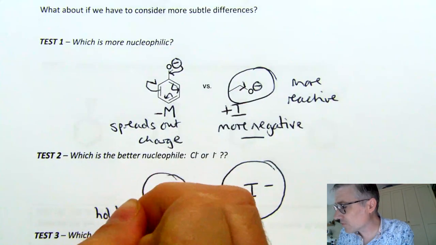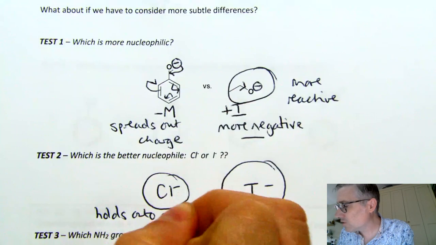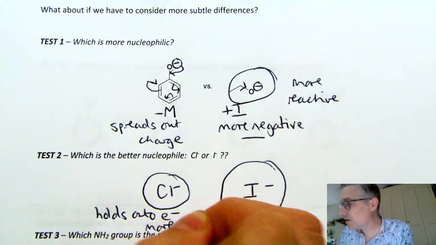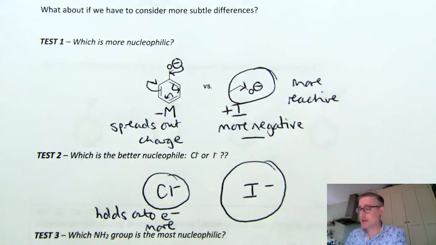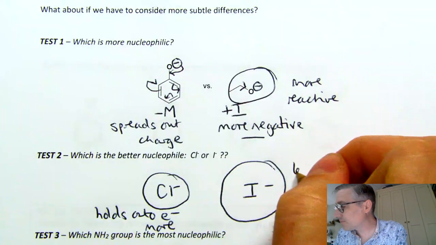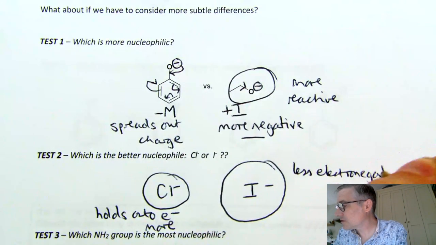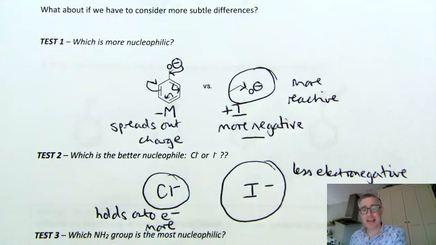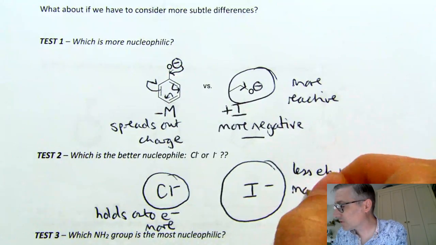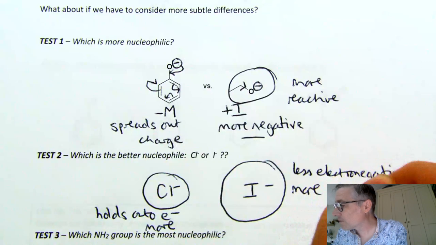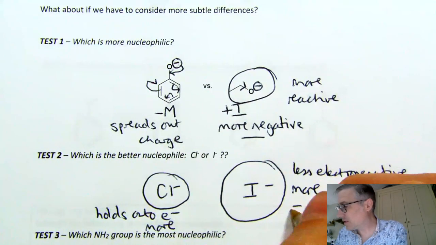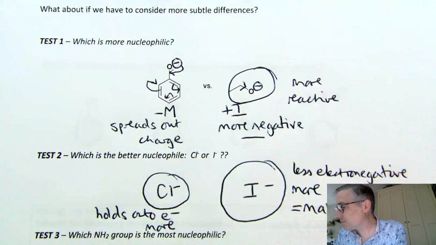Chloride holds on to its electrons more. Iodide is less electronegative. It's more polarizable. And that means it makes bonds better.